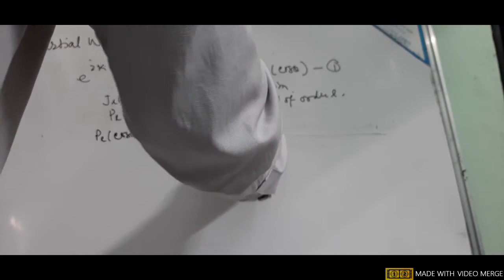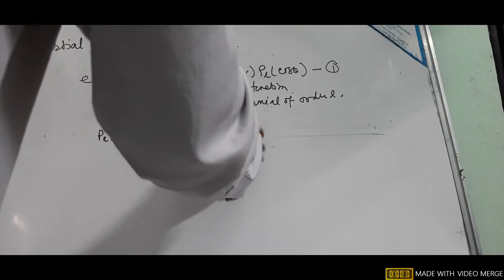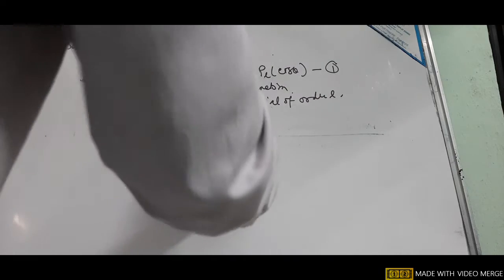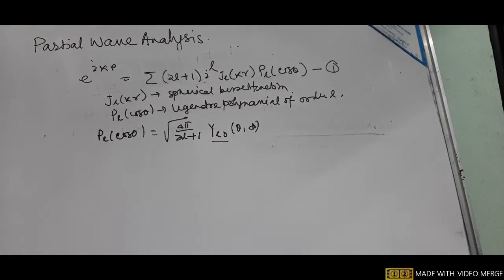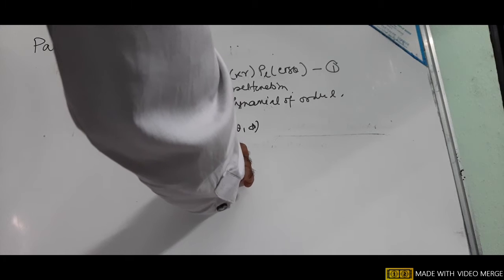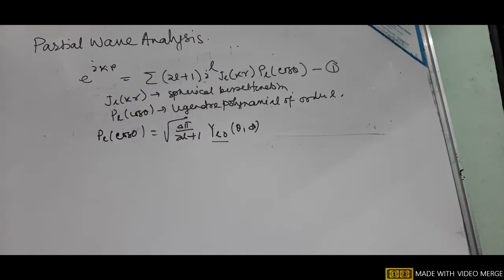These are spherical harmonics, so the Legendre polynomial is written in terms of the spherical harmonics Y_l0, where m equals 0, and that is the eigenfunction.